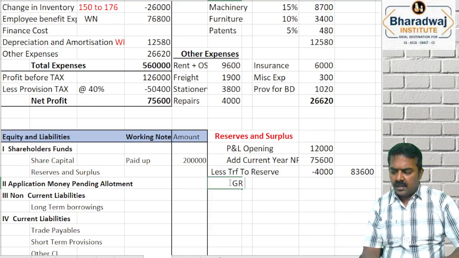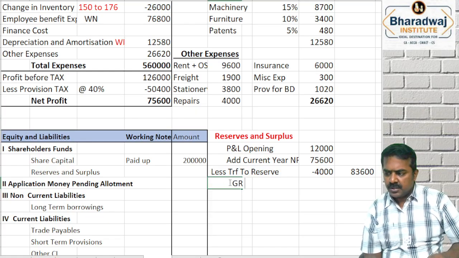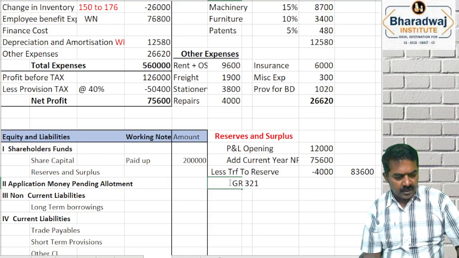General reserve, already there is a balance of how much? Already there is a balance of 31,000 plus the 4,000.